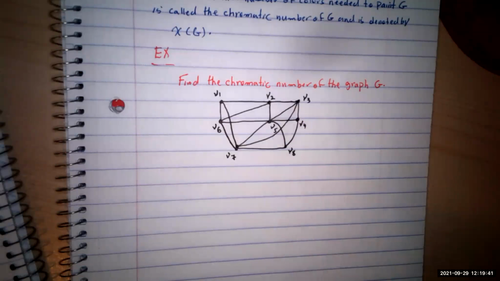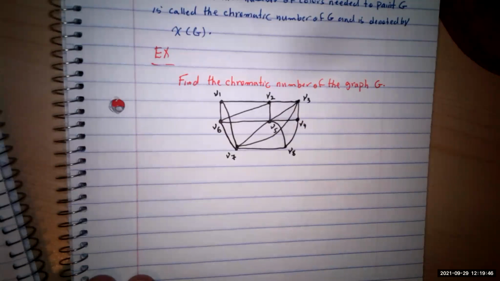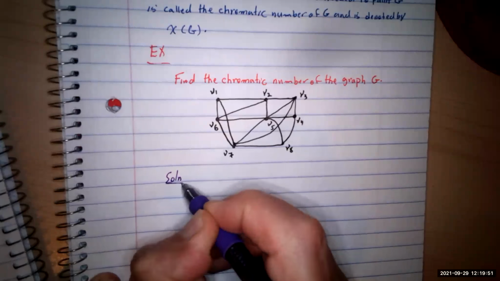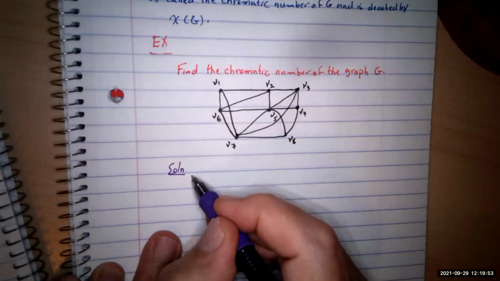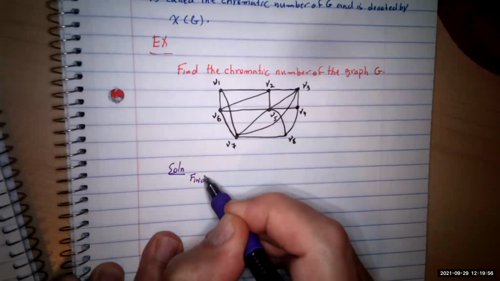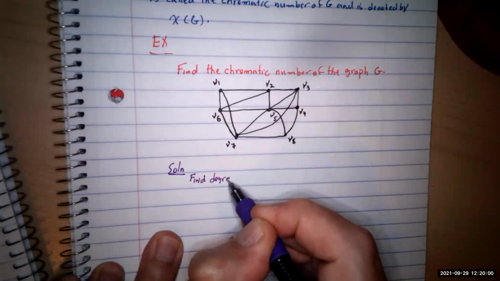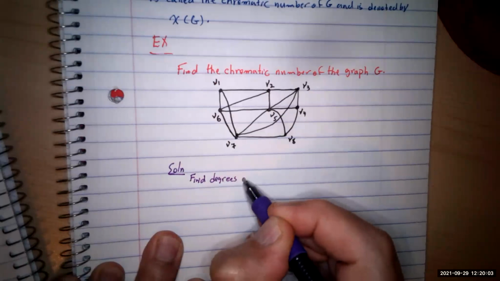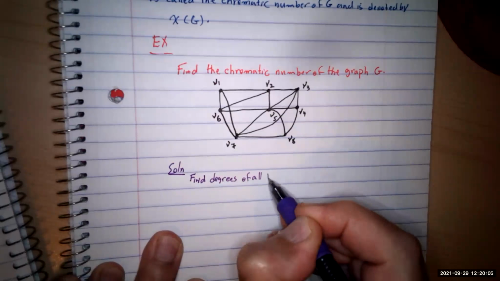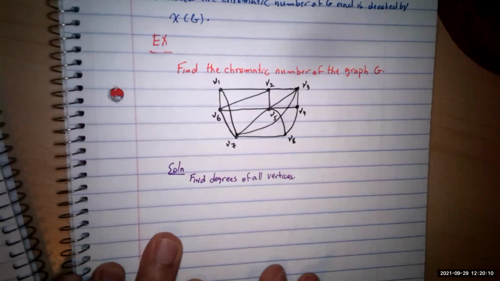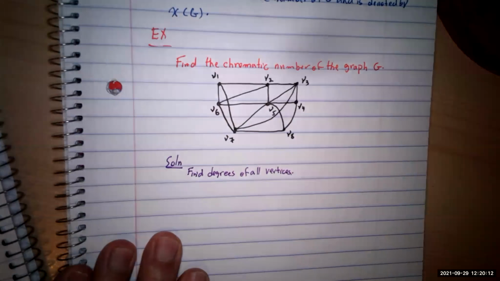That's why we start with the highest degree and just keep going down. So the first thing to do is to find the degrees of all vertices, and you have to show it on the test with these numbers. You just count the number of the edges and identify the degrees.